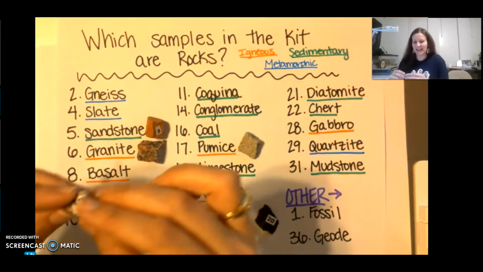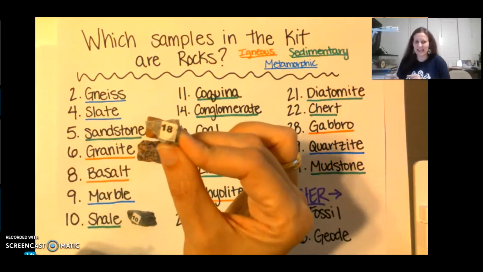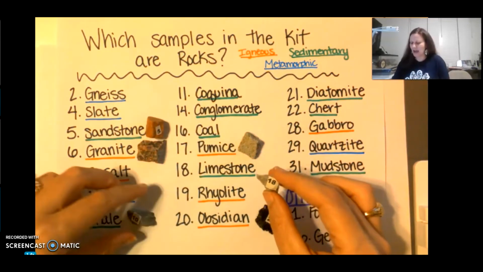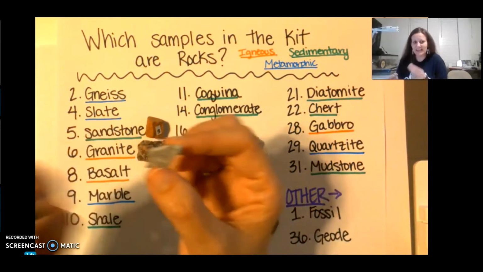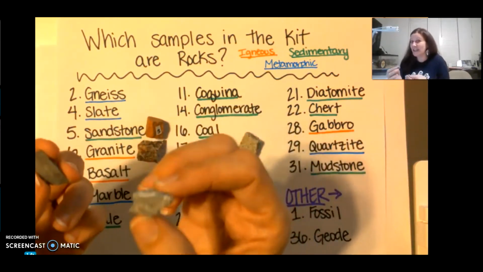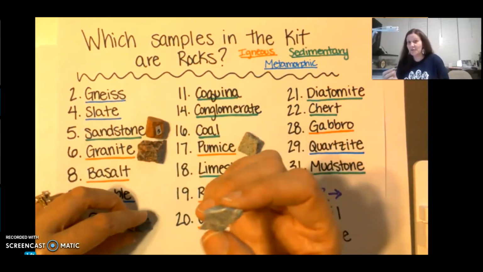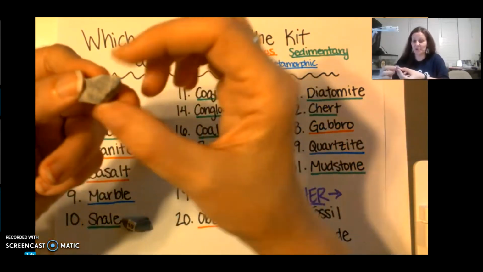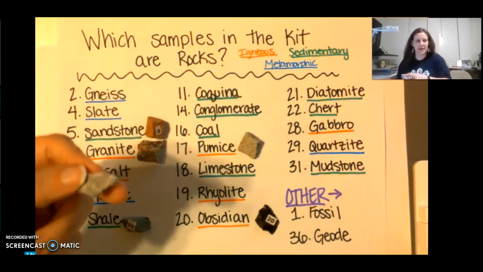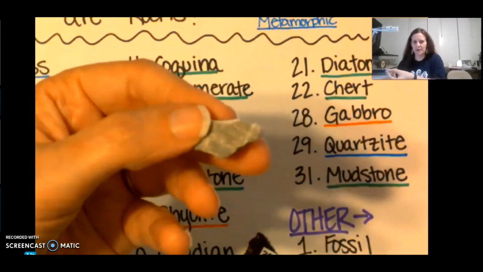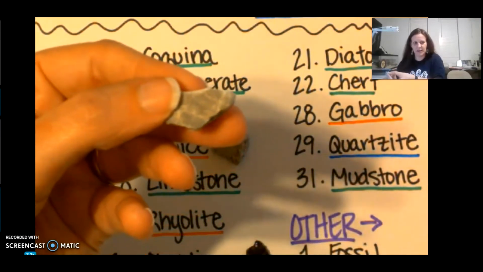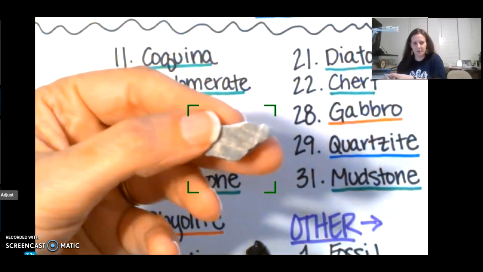Last one I want to look at is limestone. That's number 18. So at first glance, you might think that shale and limestone look very similar, but I want you to look very, very closely at limestone. I want to see if I can zoom in on this. Can we zoom in and focus?